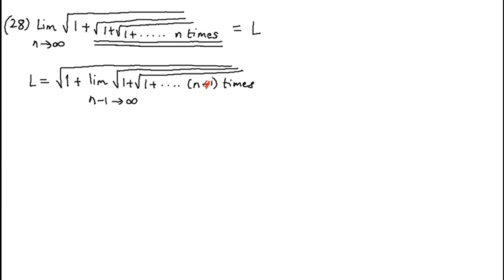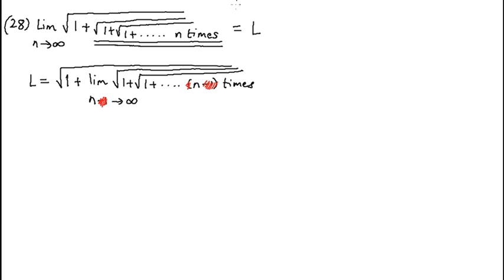So I could have written n times in place of n minus 1 times. That is my first observation. The second observation is, since n minus 1 tends to infinity, n also tends to infinity.